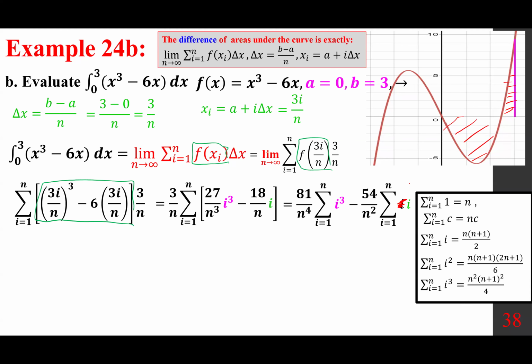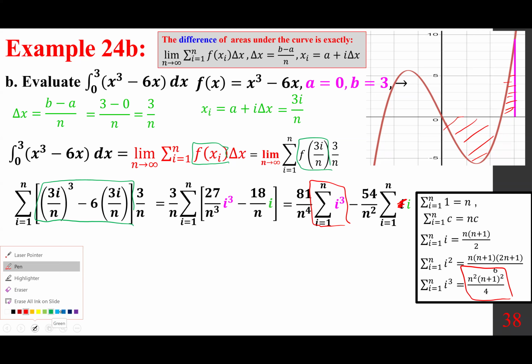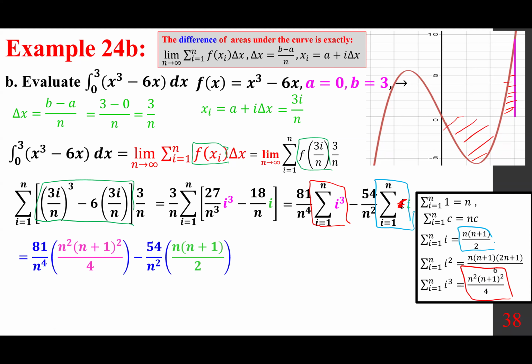Now, this part will be replaced by this. This part will be replaced by this. So we have, everybody, 81 over n to the power of 4.